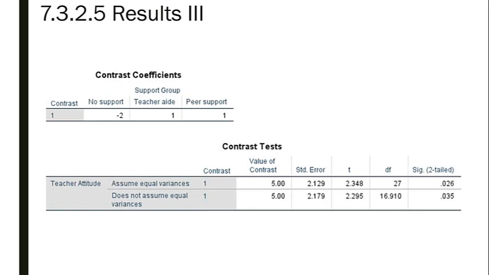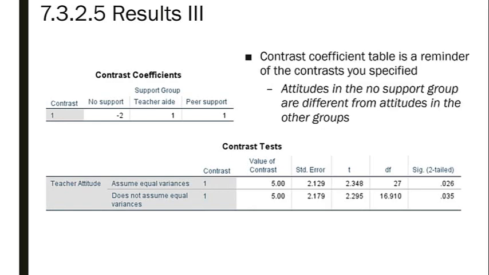The contrast coefficients table is really just a reminder of the contrast that you specified. And the way to read our -2, 1, 1 is that we are testing the hypothesis that attitudes in the no support group are different from attitudes in those other two groups where the teachers did receive some support.